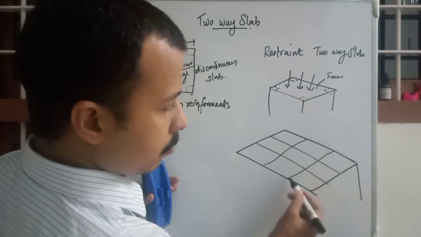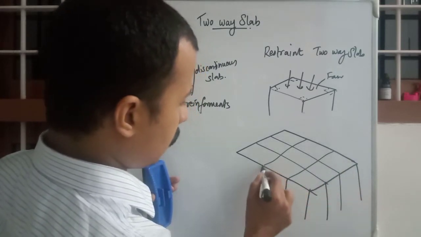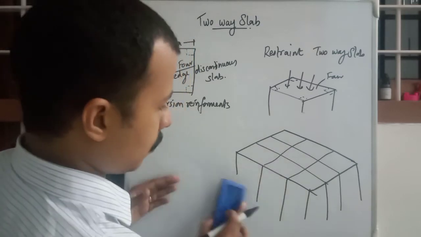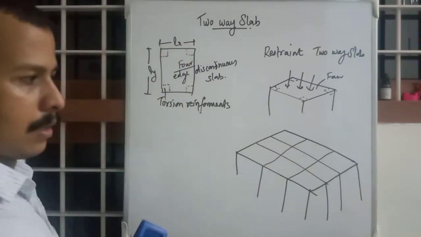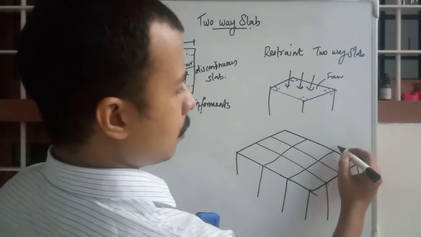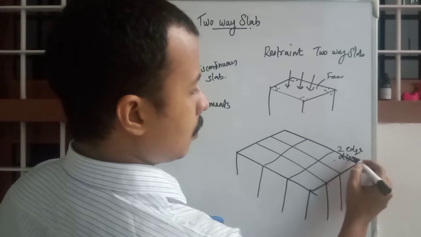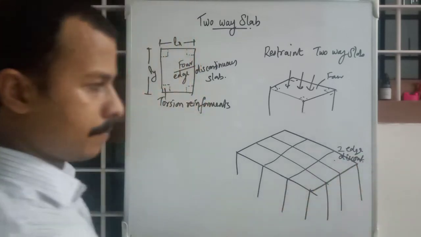These lines are beams and these lines are columns. This is a two-edge discontinuous slab.